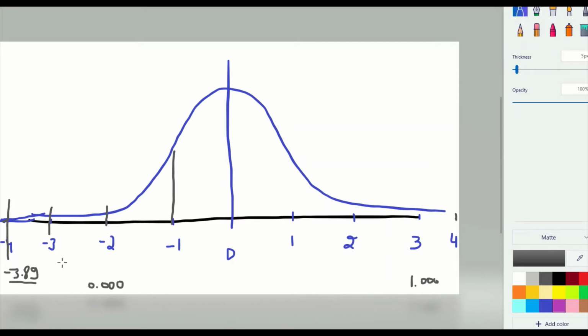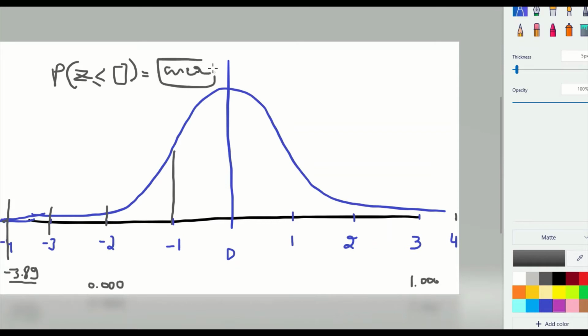Now the question becomes, so let me write it up. What they calculate is the probability of Z less than, and remember we can put it equal, it doesn't matter, a value, and they get you the area for that, meaning the probability.